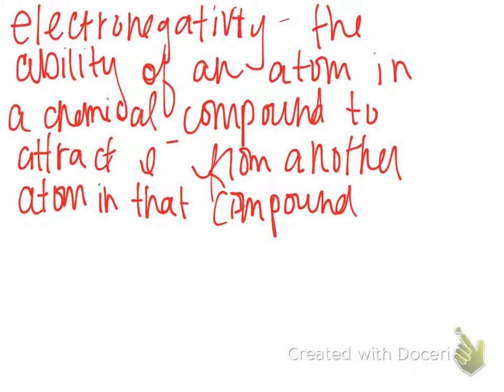Electronegativity plays a really important role in the polarity of certain chemical bonds. Which chemical bonds include the sharing of electrons? Covalent bonds. So we can have a polar covalent bond or a non-polar covalent bond. Polar covalent bonds mean the electrons are shared evenly or unevenly? Unevenly.